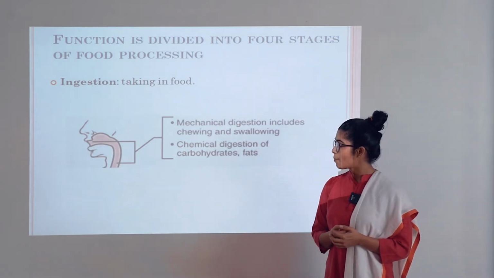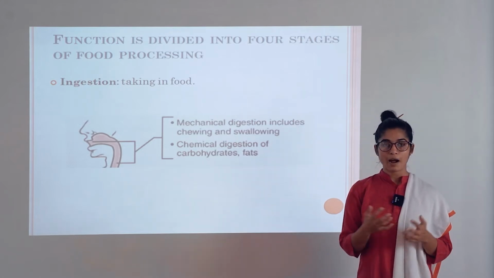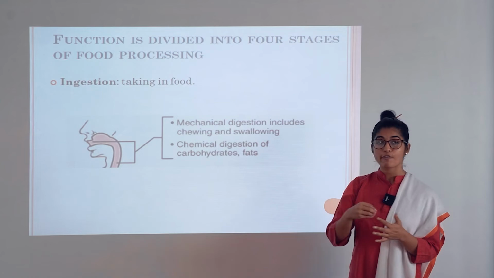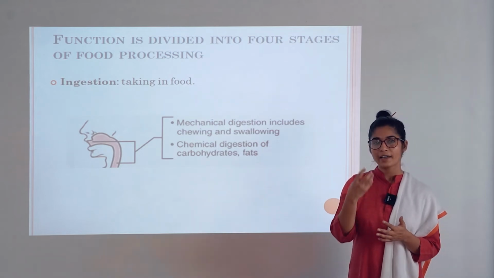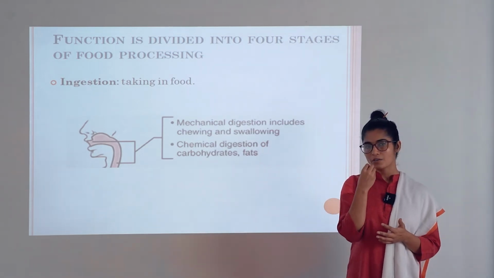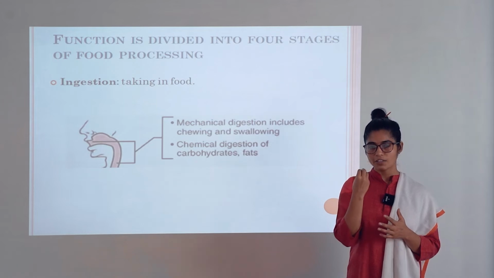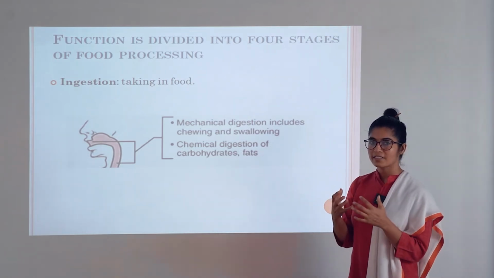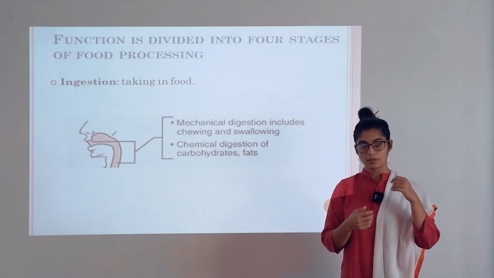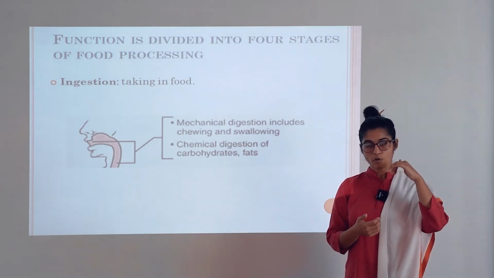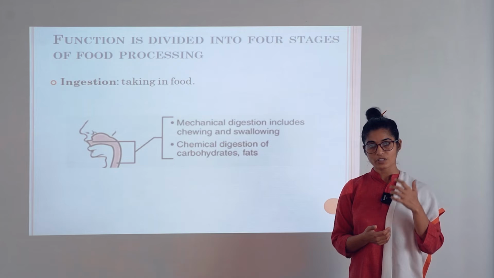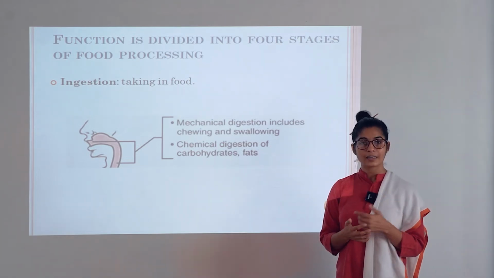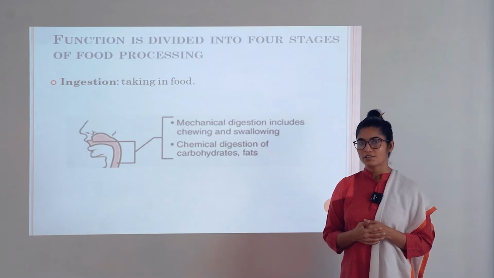After ingestion, what happens? The next part is the esophagus. When the food is inside the mouth, after chewing and cutting, it forms a bolus. Then this food moves further towards the esophagus, the food pipe we have already seen in the structure of the digestive system.